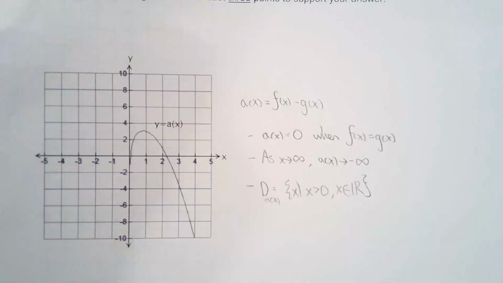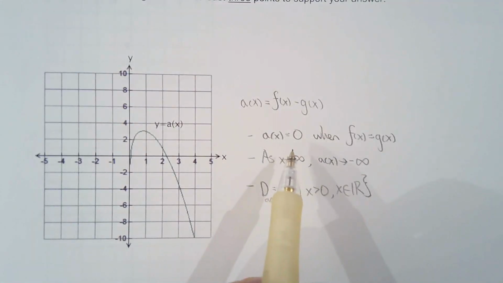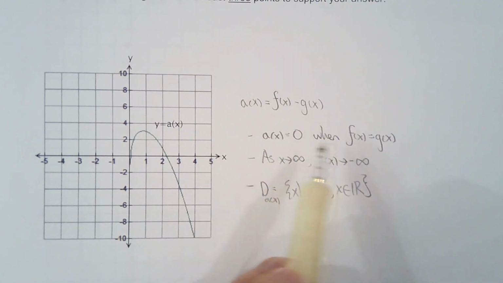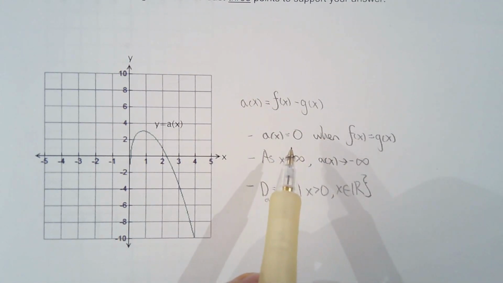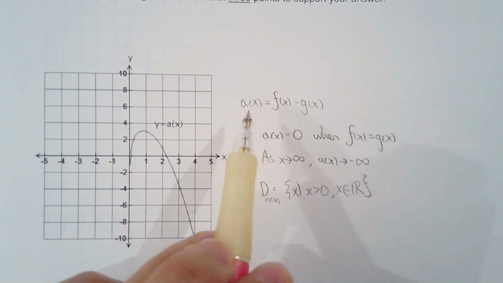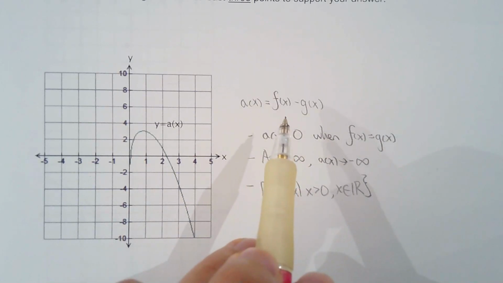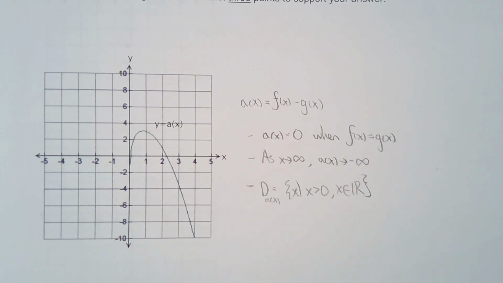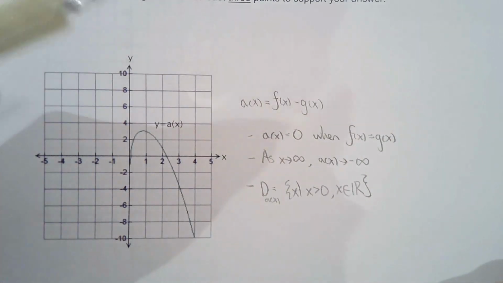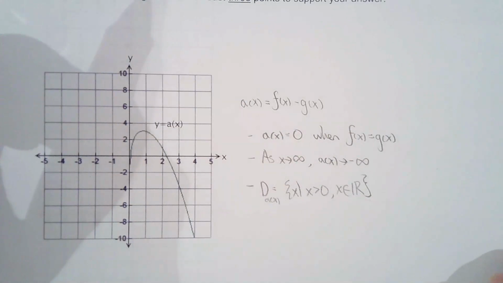You want to write down points that support your argument, that make sure that a of x is indeed f of x minus g of x, and there's no other possibility. So when you are fortunate, you'll be able to just write one bullet and you will be conclusive. But this question, I needed 2 bullets to be conclusive and say a of x is most certainly f of x minus g of x based on what I've written.